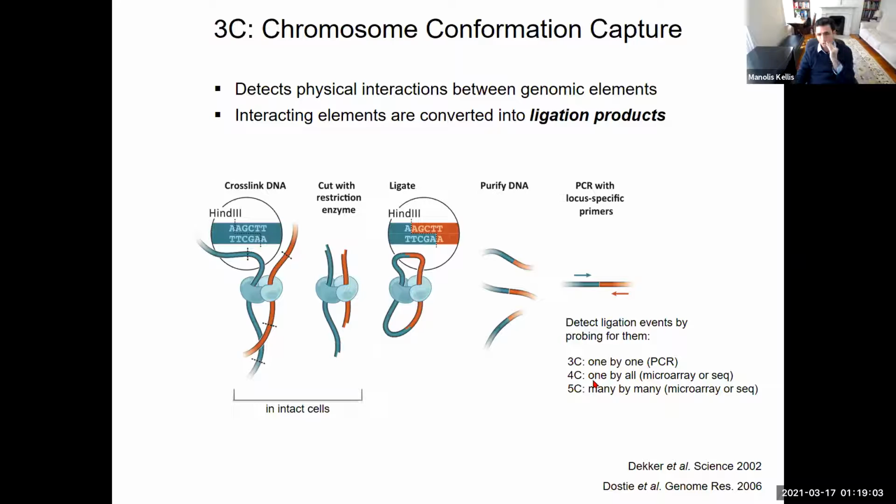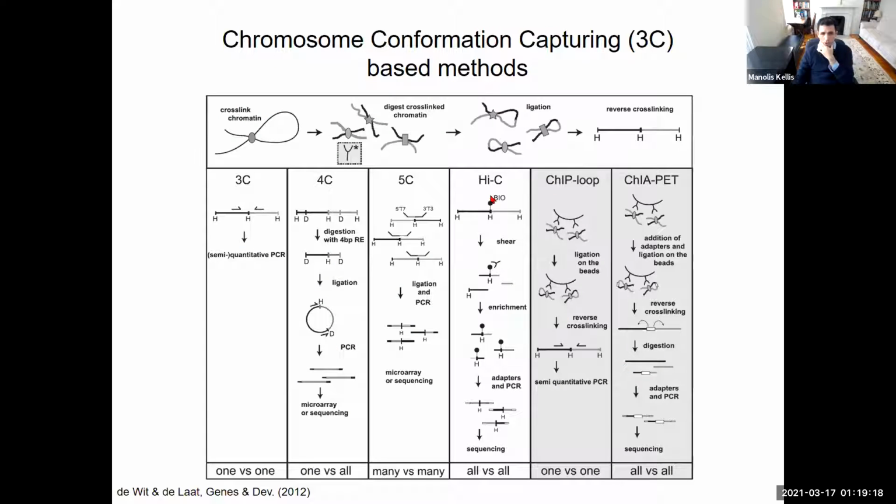Or you can use one by all, which is 4C, or you can use many by many, which is called carbon copy chromatin conformation capture, or 5C, or you can use all against all by just randomly cutting and then selecting the fragments that were marked as being recently cut, and then specifically capturing these chimeric regions. How?